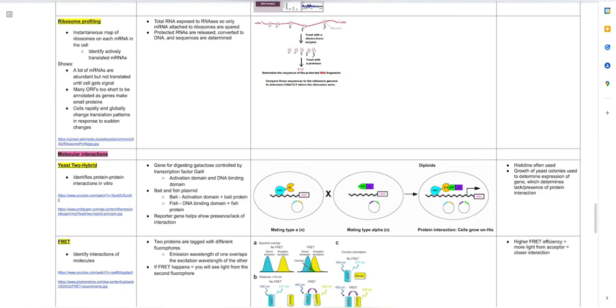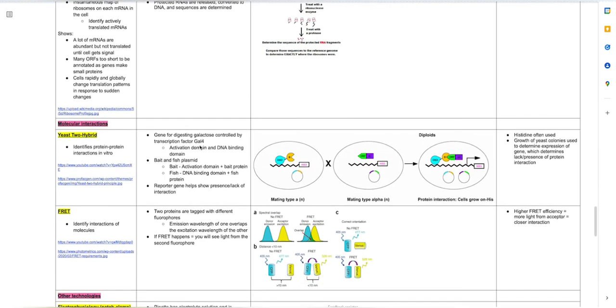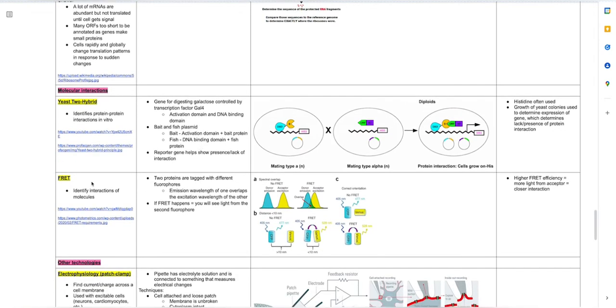Okay, so next we're going to look at FRET, which stands for Förster resonance energy transfer, or fluorescence resonance energy transfer, I think. What this does is identify interactions of molecules, similar to the Yeast Two-Hybrid.